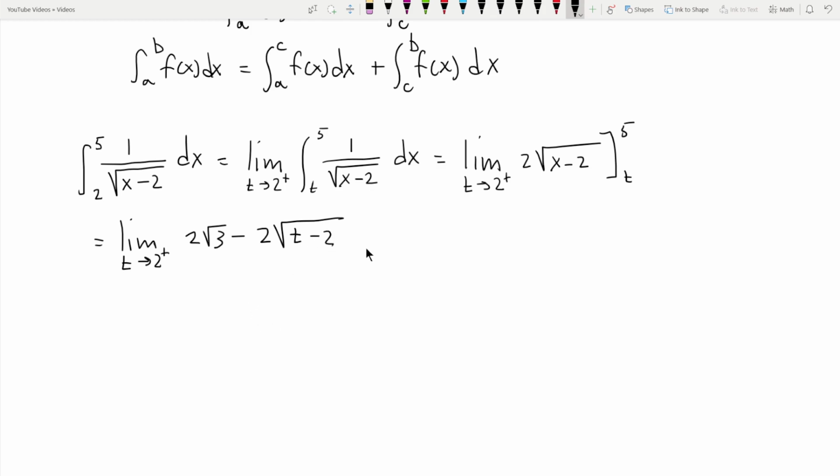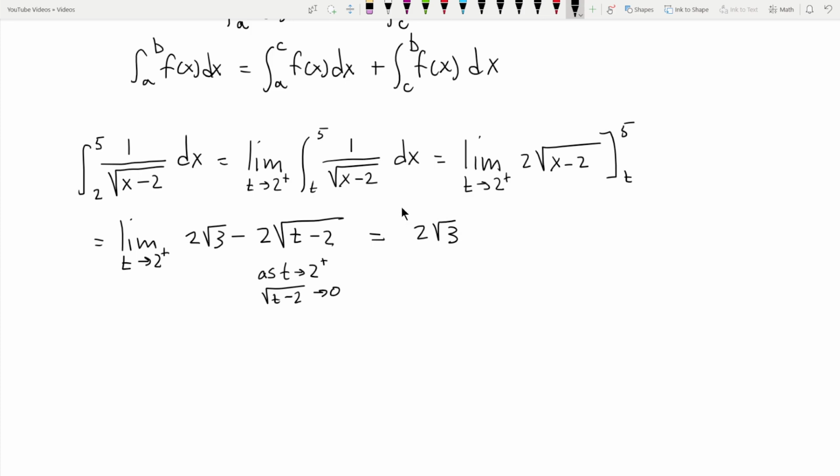As t approaches 2 from the right, the square root of t minus 2 approaches 0. So this whole thing equals 2 times the square root of 3.